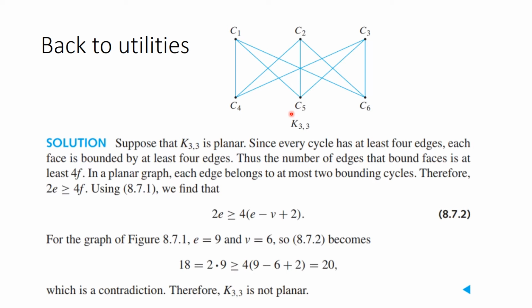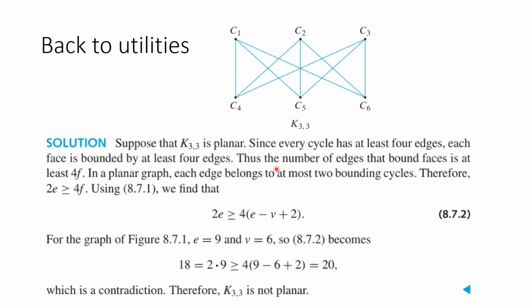Let's go back to the utilities then, and previously we called the graph associated with the utilities problem K33. So we're going to prove that this is not planar, but we're going to do it by contradiction, so we suppose it is planar. Now that means that every cycle has at least 4 edges, and that means that each face is bounded by at least 4 edges.